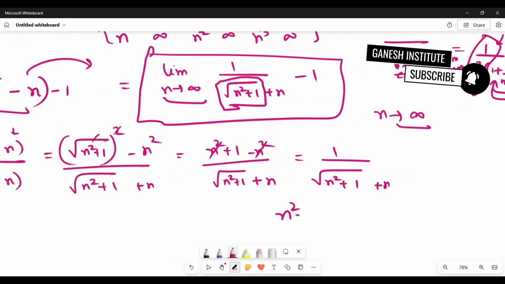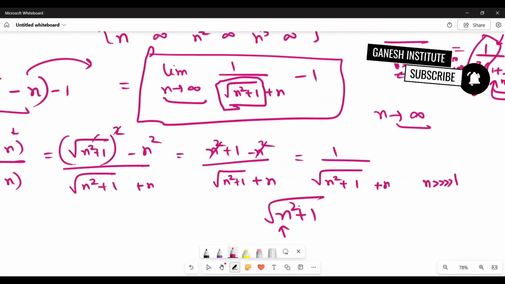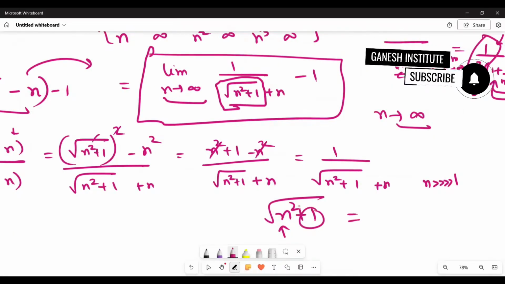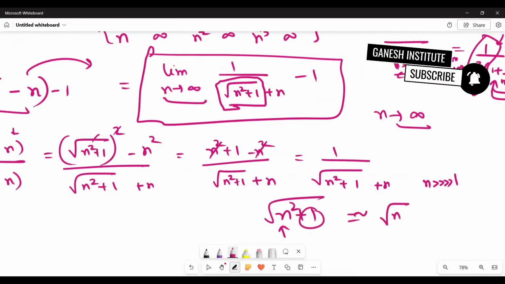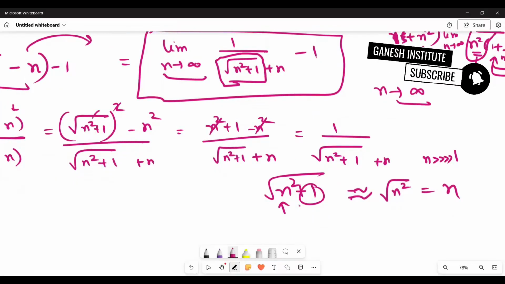Don't you think that in n square plus 1, because n is increasing like anything, n would be bigger than 1, so you can neglect 1, and you can say that it is almost equal to n square, so n, right? Can you say so? And if it is n, this has become n plus n, 2n.